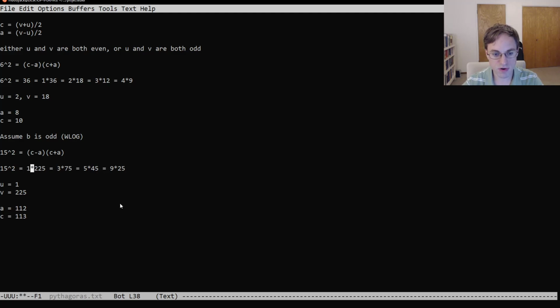And for the other two pairs, 1 times 225 and 9 times 25, not only do they not share a common divisor, but the factors are both squares. And so we might want to investigate further whether that's always the case and maybe why that's the case.